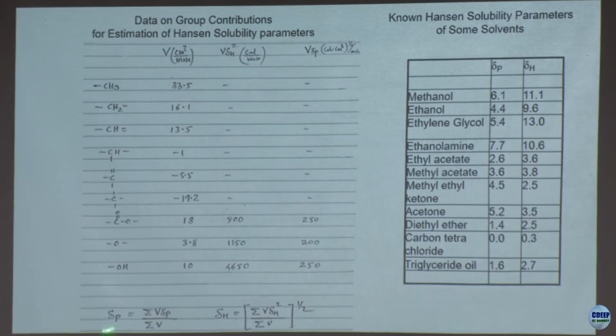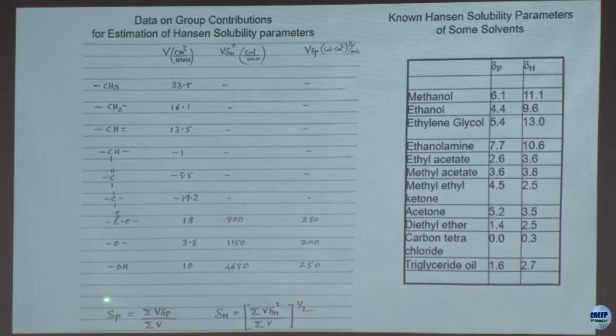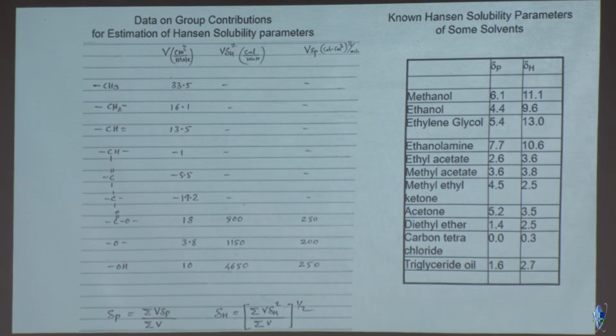And then the contribution because of the dipole-dipole interaction is given by the sum of these divided by the total volume, and the sum of these divided by the total volume.